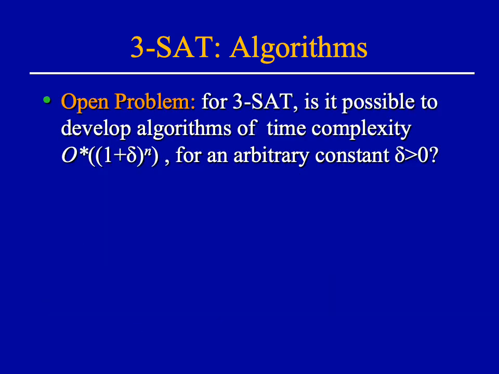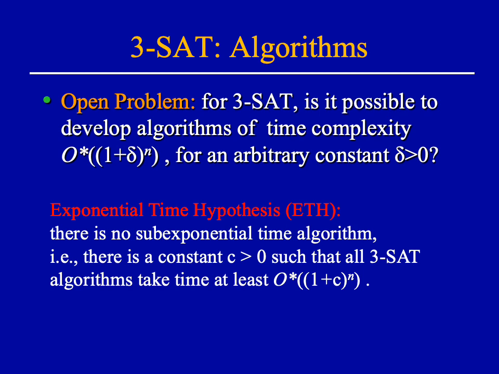Now this becomes another open problem. For the three-step problem, can you have algorithms whose complexity is something like 1 plus delta to the n, where delta could be not 0, but can that be arbitrarily close to 0? Well, the answer to this open problem is probably not.